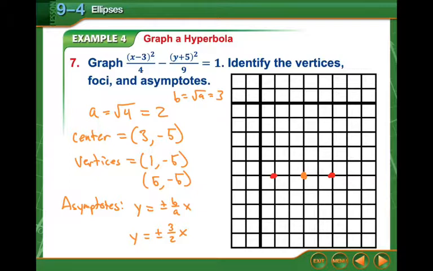So we have the center, that's where those two are going to cross. So our slope is just going to be 3 halves with that. So we're going to go up 3 to the right 2 a couple of times, and up 3 and to the left 2 a couple of times. And the same thing going down. Just so you have an idea as to what we're trying to avoid, basically.